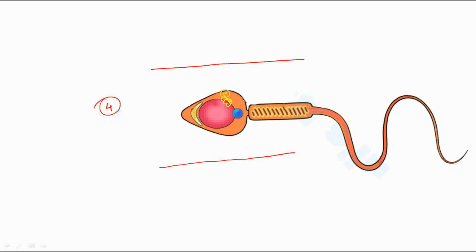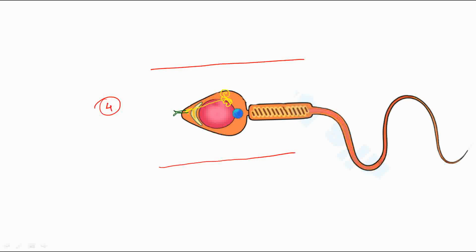On phosphorylation, they become activated and move to the surface of the sperm cell membrane, and they will act as receptors to bind with the zona pellucida.